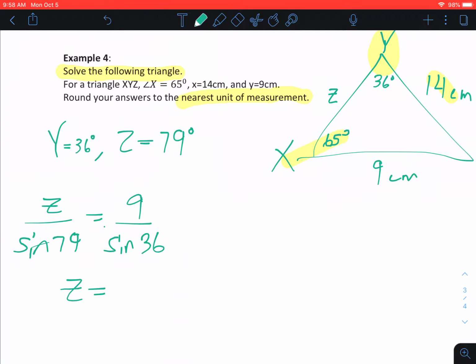Side Z is going to equal 9 times sine of 79 divided by sine of 36.